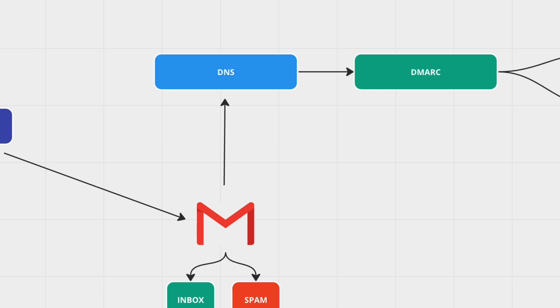So Klaviyo is allowed to send on behalf of Johnny.com, and once Gmail sees that through the SPF and DKIM protocols, it's going to place you in the inbox folder. Of course, that's if you don't have a bad reputation or a bigger problem with your sending infrastructure, but this is pretty much all regarding the authentication.